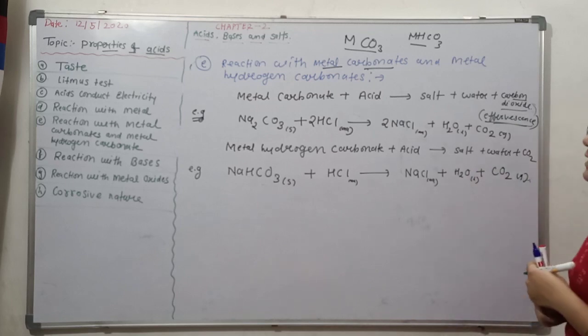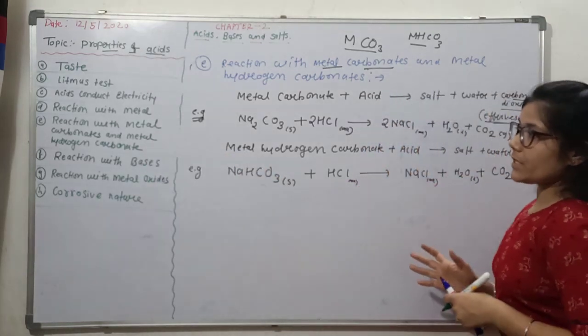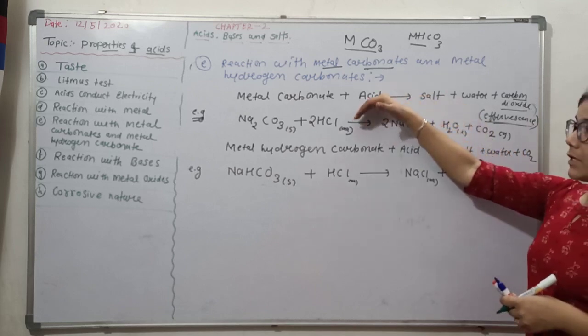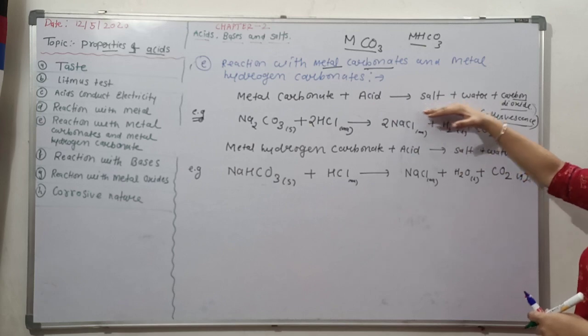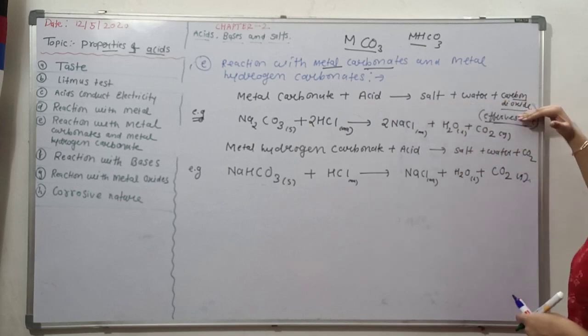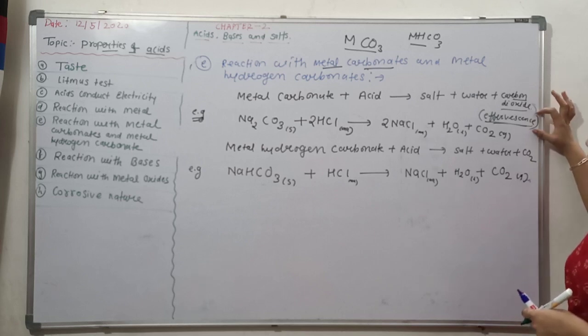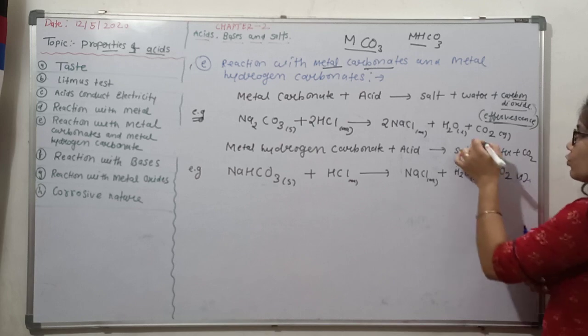So from this, the fifth property of acid, reaction with metal carbonates and metal hydrogen carbonates, we observed that when metal carbonate or metal hydrogen carbonate reacts with acids, it gives salt, water and carbon dioxide gas. This comes with effervescence. Now how can we check that the evolving gas is CO2?